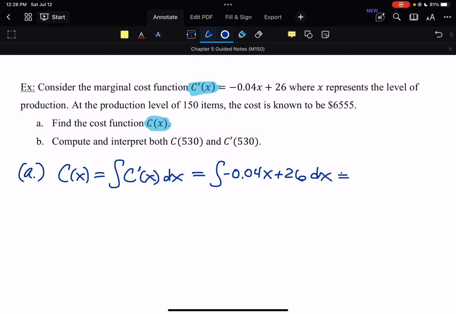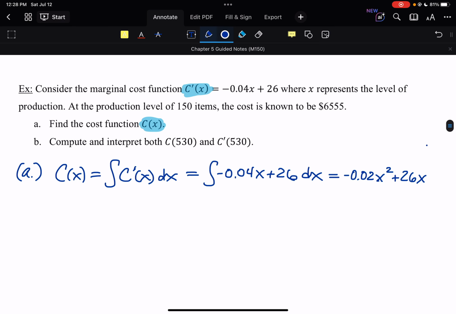Now, if we take the antiderivative, this one is going to be x squared over 2, and we can do a little bit of cancellation, so that's negative 0.02x squared plus 26x. The antiderivative of the constant just picks up an x attached to it. And then plus c, of course.